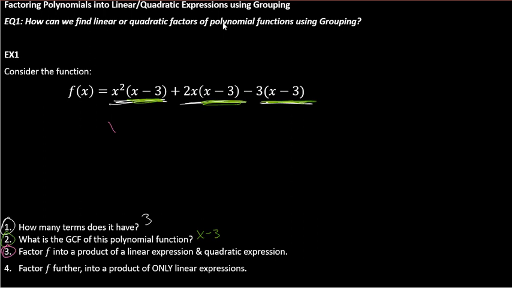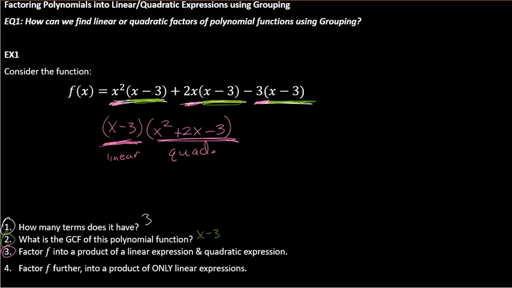So if we go ahead and do that, we factor out x minus 3, that's going to leave us with x squared plus 2x minus 3. Okay, so we have a product of a linear factor times a quadratic factor.